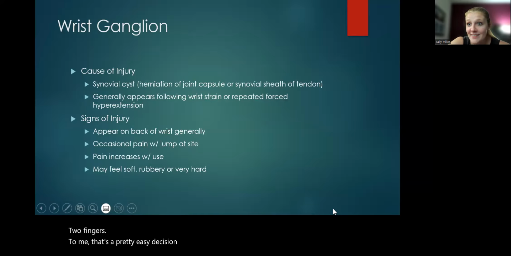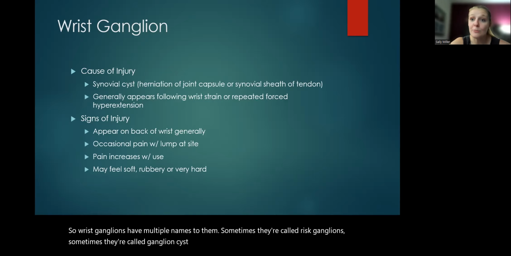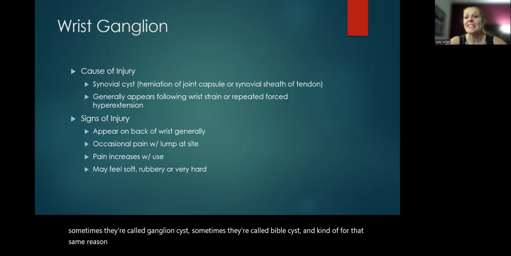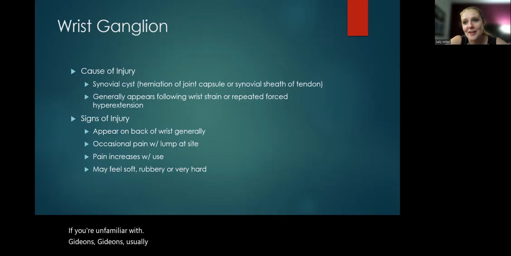This one is kind of exciting for a little bit of gross reasons. So wrist ganglions have multiple names. Sometimes they're called wrist ganglions, sometimes ganglion cysts, sometimes Bible cysts, and for that same reason, sometimes it's called Gideon's disease. If you're unfamiliar with Gideons, usually they're little old men on campus, but they can be anywhere.